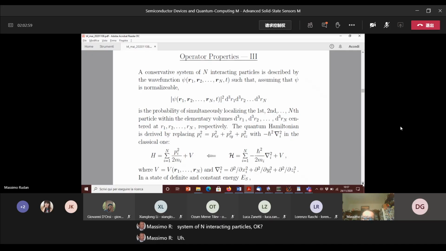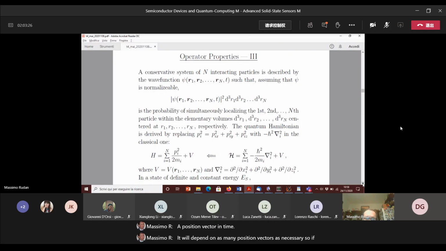Okay, so if we have a system of n interacting particles, and we want to describe it with the language of quantum mechanics, we must introduce a wave function of the full system. So the wave function of the full system will depend, instead of depending on one position vector and time, it will depend on as many position vectors as necessary.